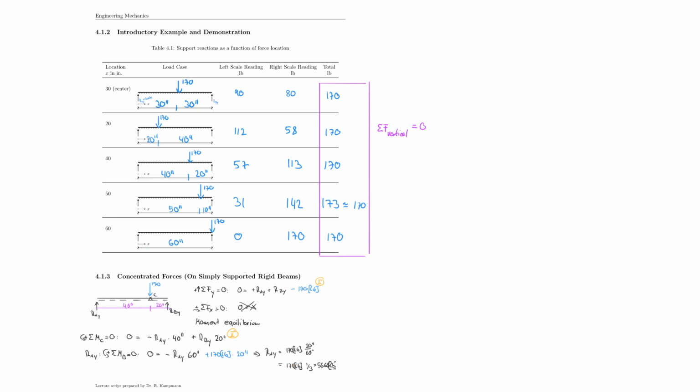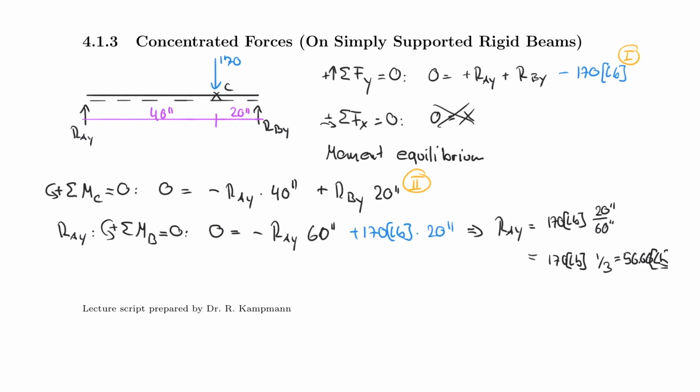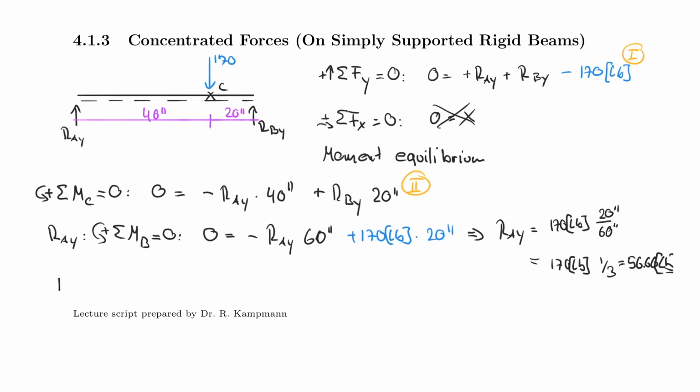So let's go ahead and find the equation for RBY, which we would do by the sum of the moments about A in this case is equal to 0, and that is also counterclockwise positive. Then 0 would be equal to RBY multiplied by 60 inch, and this in this case would rotate counterclockwise, so therefore it's positive.